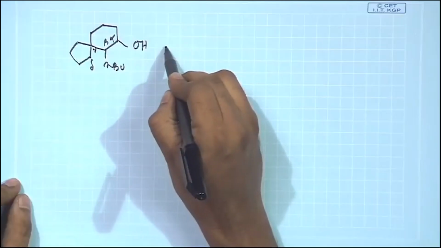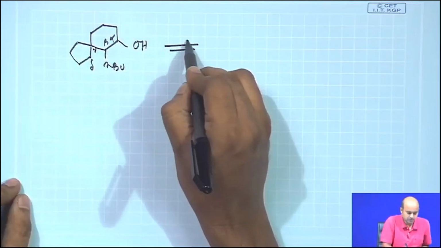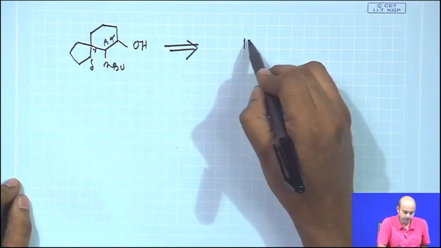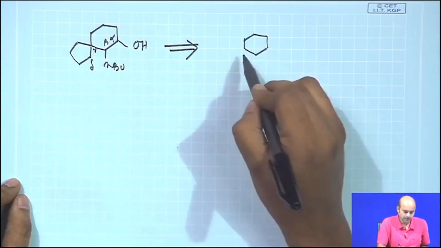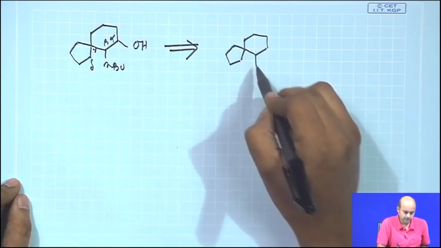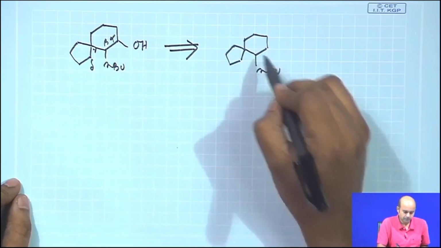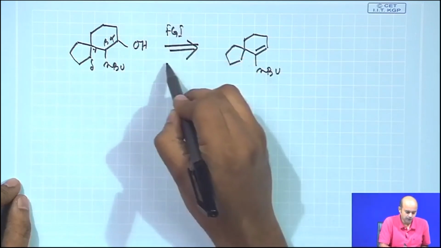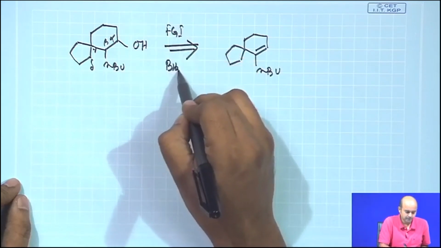Fine. So, now this compound you have to prepare. This compound you can prepare by a simple functional group interconversion through hydroboration chemistry.